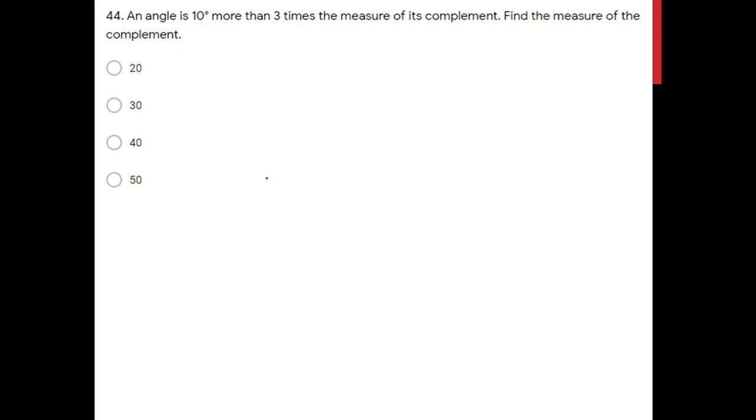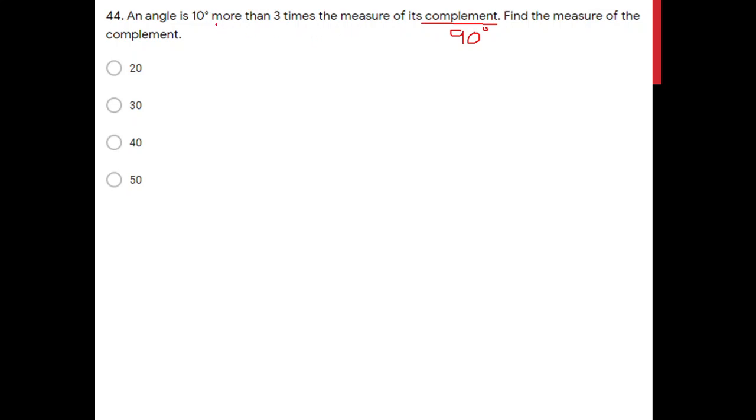Next, an angle is 10 degrees more than 3 times the measure of its complement. Again, the word complement means that is 90 degrees. Now this is a bit complicated because we have here a mathematical statement. We need to convert this one into a mathematical form. So how do we transform this one now?